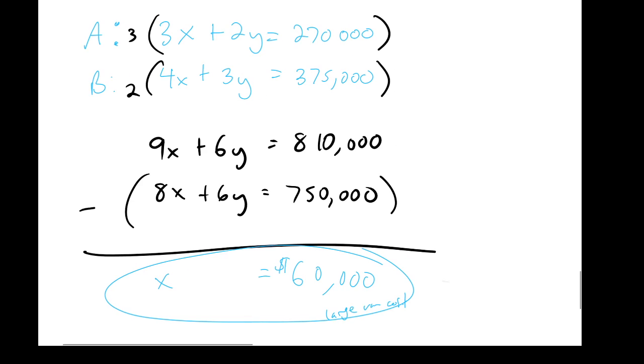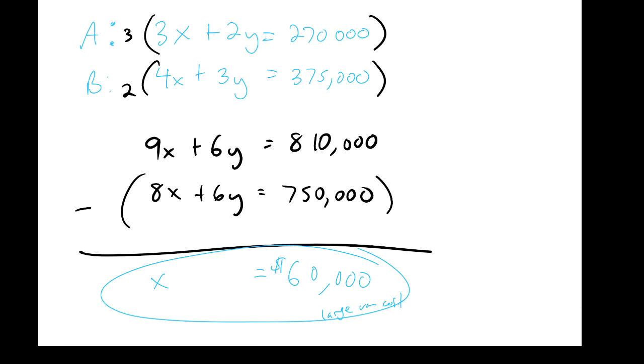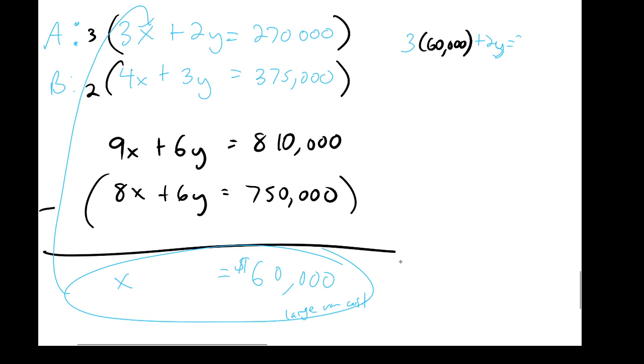Okay, and then now we need to use that to get our small van cost. So we're going to take this x, let's put it back into this original equation here. We're going to have 3 times 60k plus 2y is going to be 270,000.